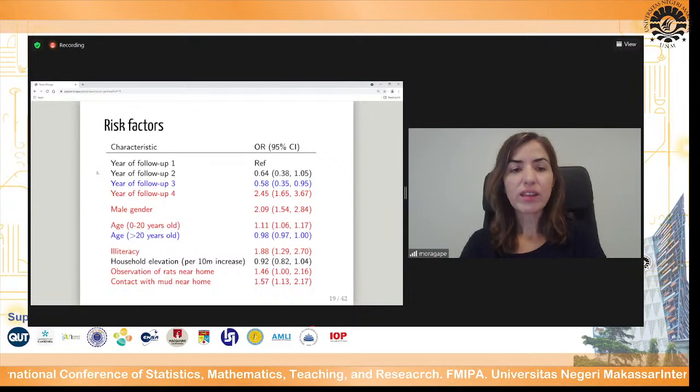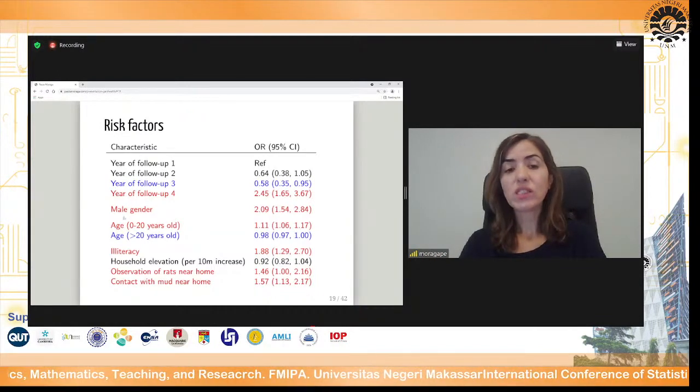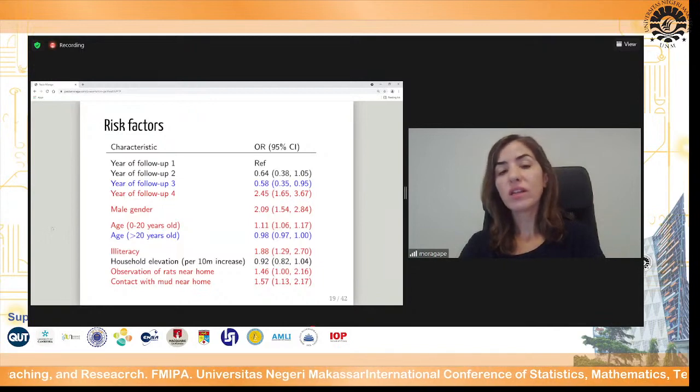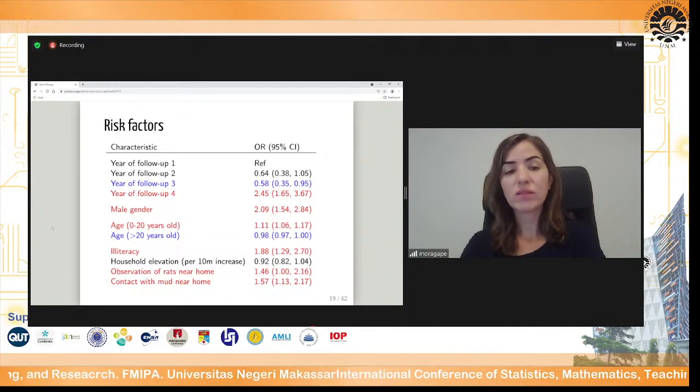We saw that the risk of leptospirosis was higher in year 4 compared to year 1 and was lower in year 3 compared to year 1. We also saw that risk factors were being male, being illiterate, observing rats near home, and contact with mud near home. And we also saw a nonlinear effect of age, by which the risk of leptospirosis increases until age 20, and then it's more or less constant.